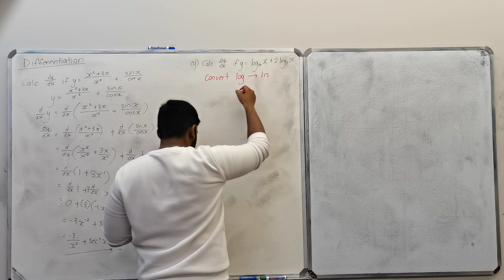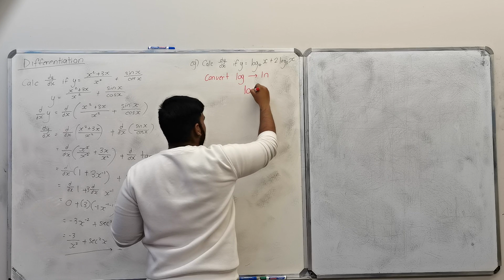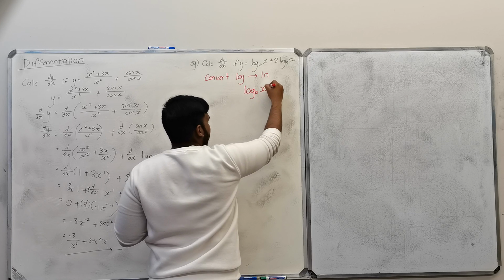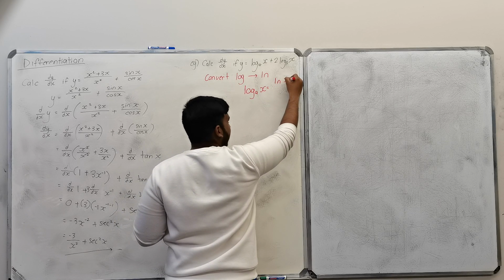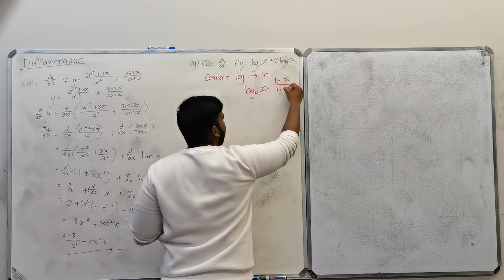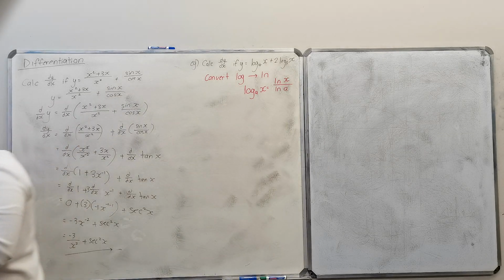The formula you use to calculate it is log a of x is equal to ln of x all over ln of a. This is the rule for logarithms. So you have to convert it into natural logarithms.